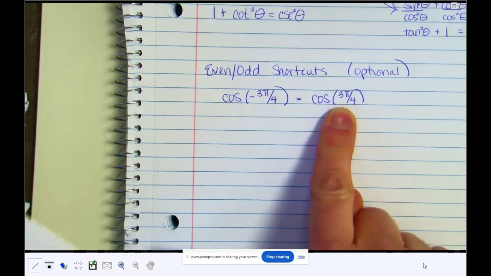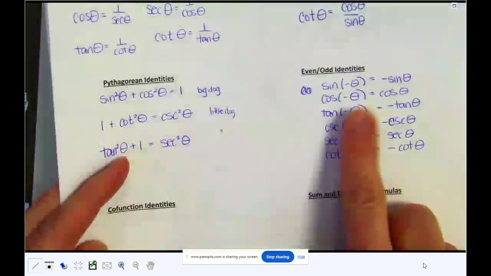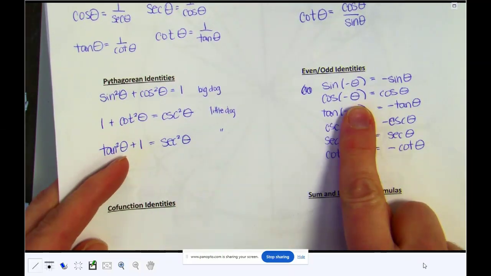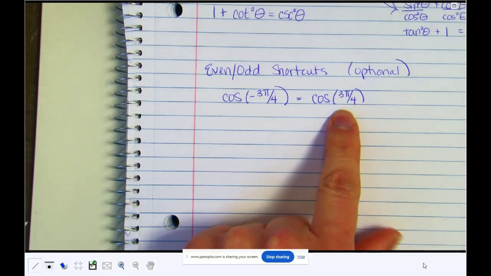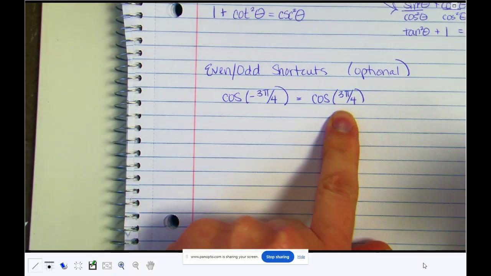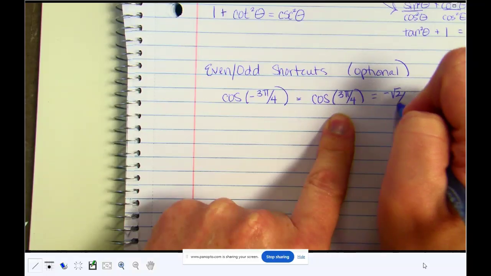So you can just pull the cosine of positive 3 pi over 4 because of this identity. Do you get what I'm saying? So you can go to your circle and be like, oh, this is the same as the cosine of 3 pi over 4, which would be negative square root of 2 over 2.